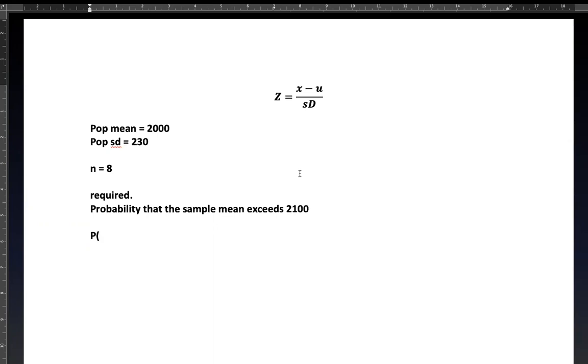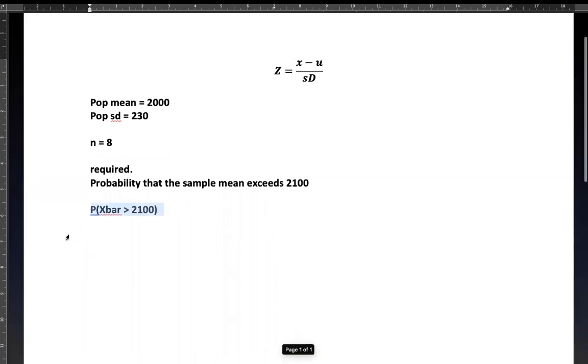Lawrence, how do you express this mathematically? So P of X is greater than 2100. Is it just P of X because you're looking at the sample mean? Oh, sorry, P of X bar. P of X bar is greater than 2100. Exceeds, so it's greater than 2100. So this is what we are looking for.